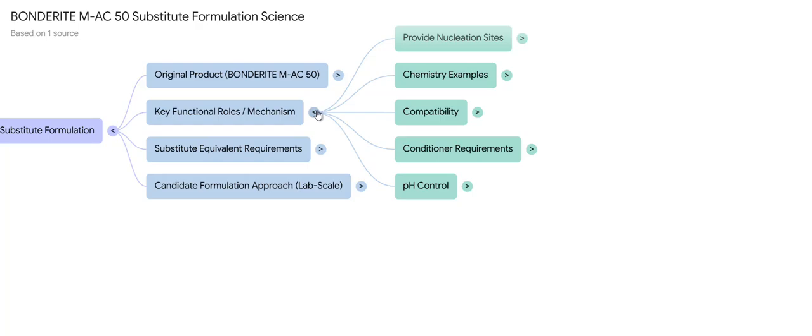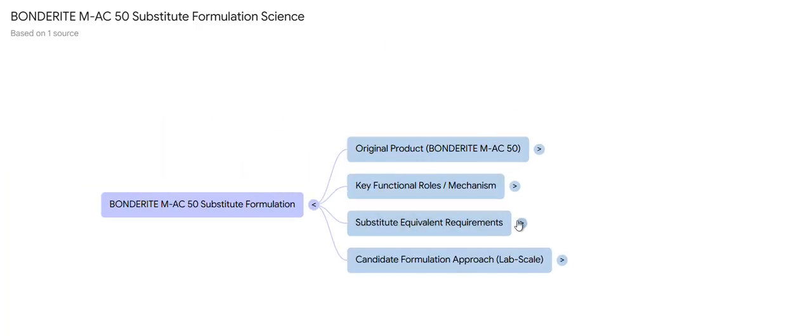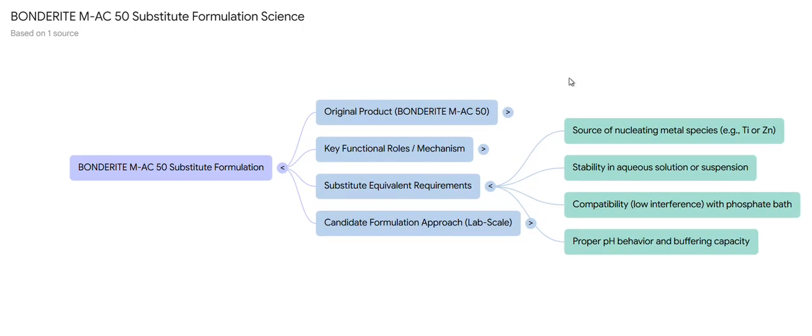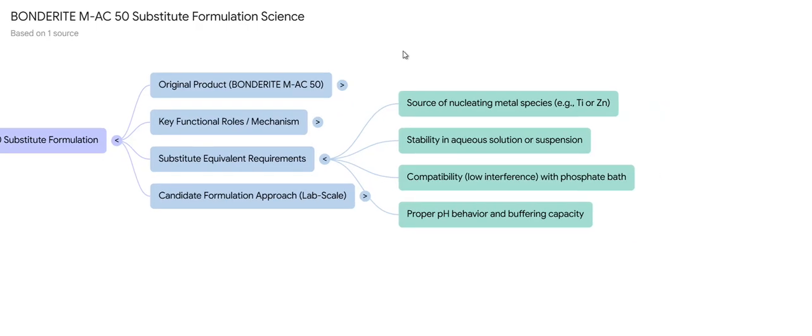Now, let us think of the substitute equivalent requirements. Here, we need a source of nucleating metal species like titanium or zinc. That is one of the very essential ingredients. Then stability in aqueous solution or suspension.